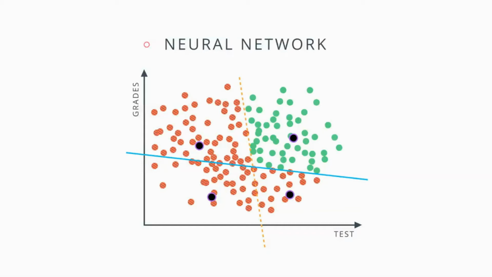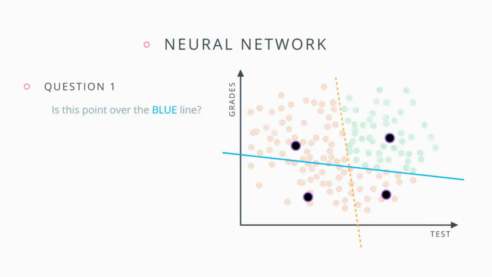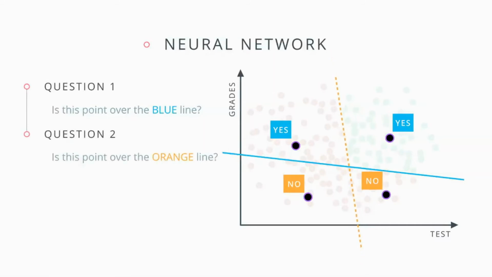Well, let's say we're working in a very slow computer which can only do one thing at a time. So it's not easy to just ask, is this point in the area bounded by these two lines? We have to split it into separate questions. The first question is, is the point over the blue line? Let's answer that question based on the 4 black points in the graph. We can see that for these 4 points, the answers are yes, yes, no, and no. The second question is, is the point over the orange line?